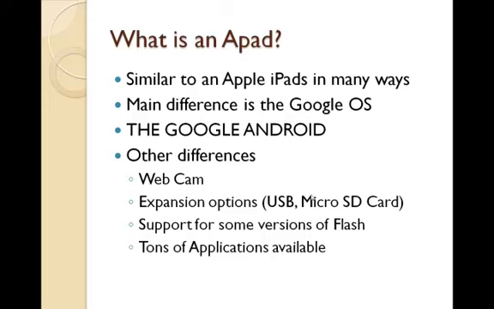As you know, the Apple iPad uses its own Apple operating system, which is successful. However, the aPads or ePads or Gpads, they use an open source operating system called the Android. And the Android operating system is becoming very, very popular today because you see them in phones, you see them in tablet PCs, and there's millions and millions of phones and other devices that actually use the Android today.